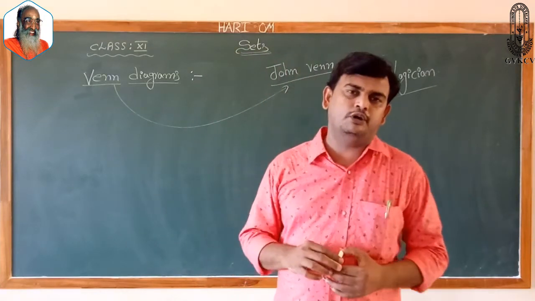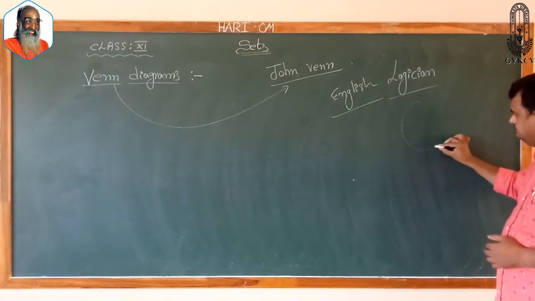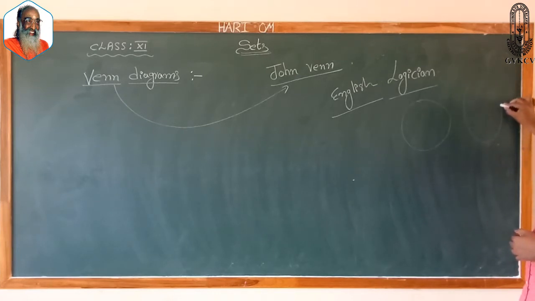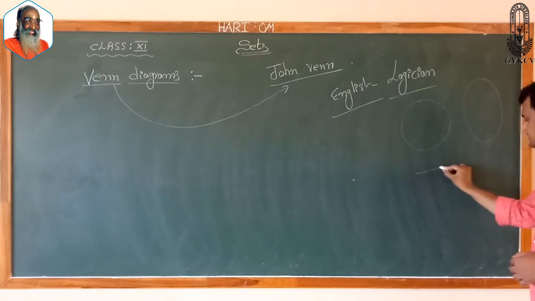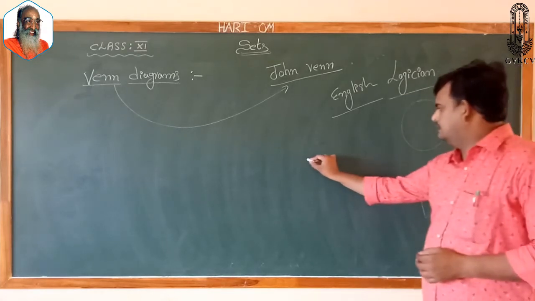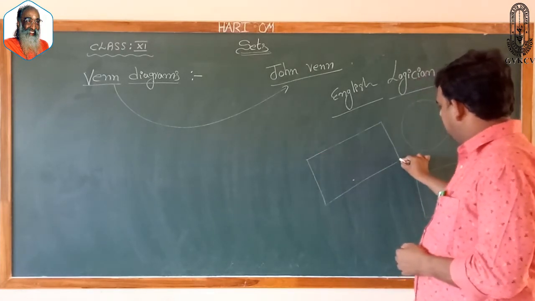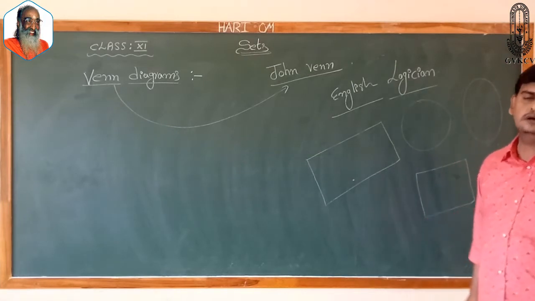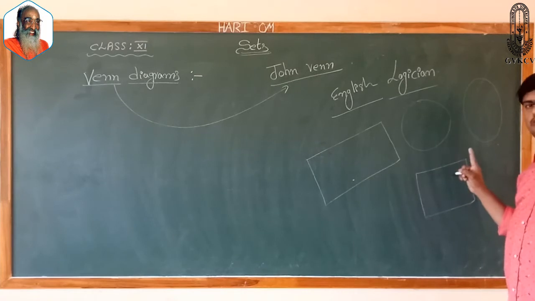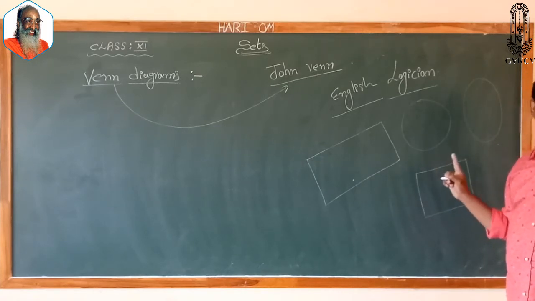Mainly three shapes we are going to represent. What are they? The first one, we can use circle or we can use oval shape, and in some cases we use square boxes, and in some cases we use rectangular boxes. So these are the four symbols or four diagrams we are going to use to represent the sets.